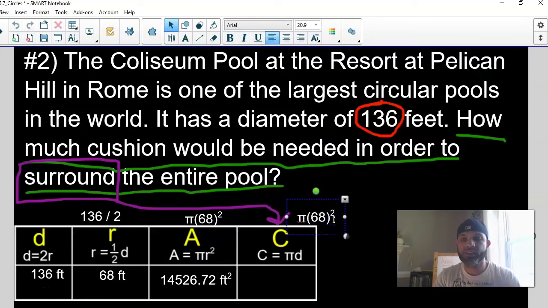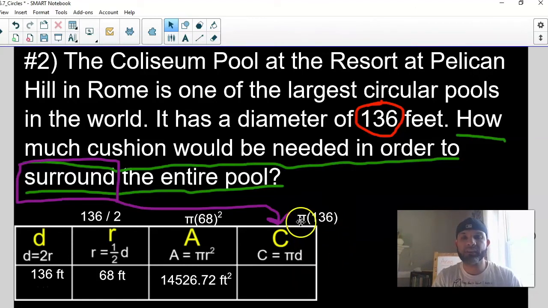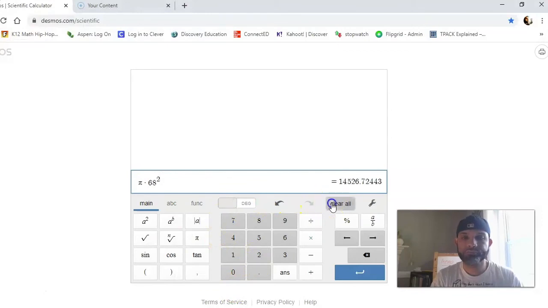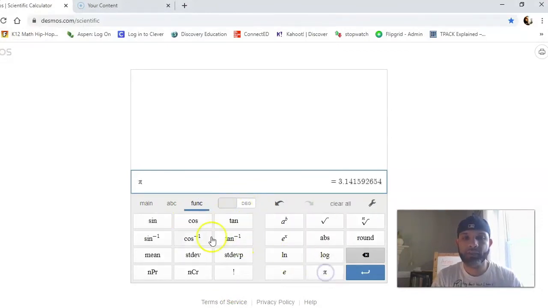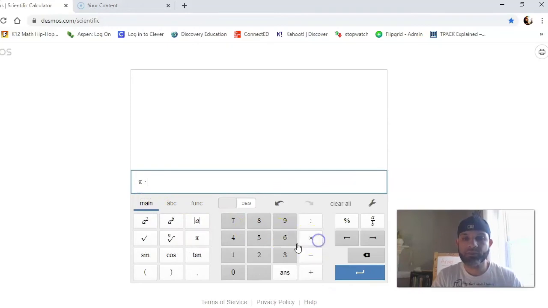So the diameter is 136. If we use our calculator and just do pi times 136, we'll have our answer. Pi times 136, and we see it's 427.256.